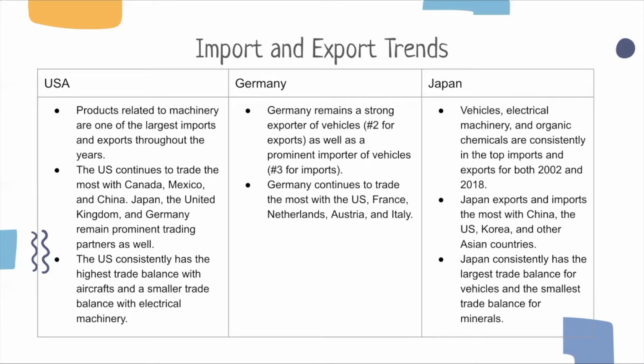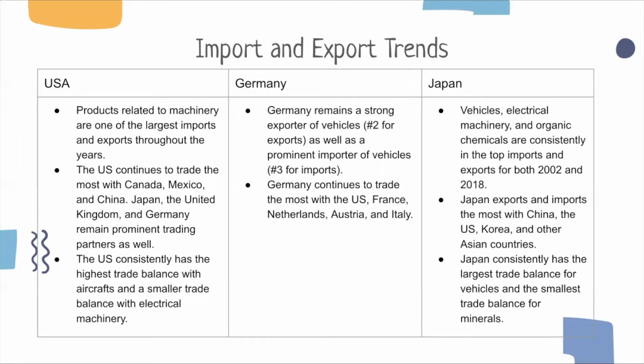And this can actually illustrate that intra-industry trade because similar products are being exported and imported. And the reason that this trade could happen is because of product differentiation. So the US could export specialized machinery and then import machinery that another country specializes in.